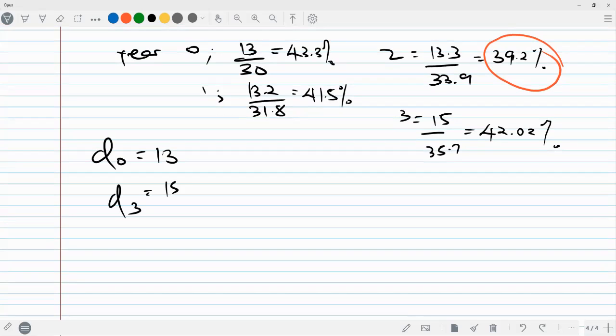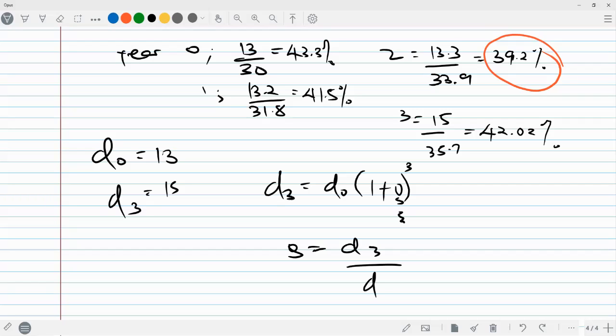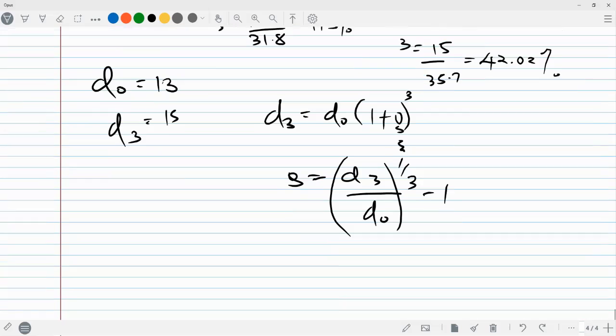Therefore D3, the dividend for year 3, is equal to D0 times (1+G) to the power of 3. So the growth in the dividend, G, will be equal to (D3 divided by D0) to the power of a third, minus 1.